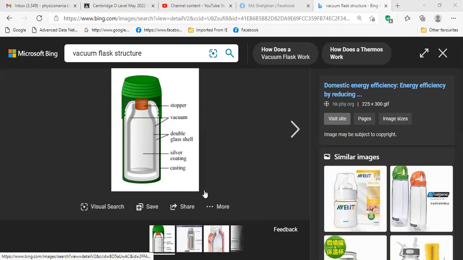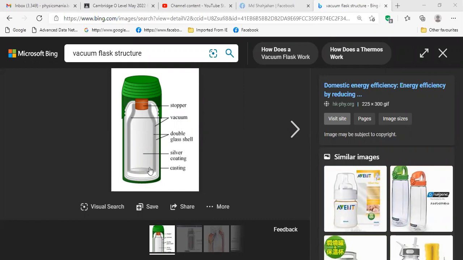So if it is vacuum, hollow, then no contact. If no contact, no conduction. If vacuum, that means no fluid over there, no gas or liquid inside this part. So there is no convection possible. So conduction and convection stop here.